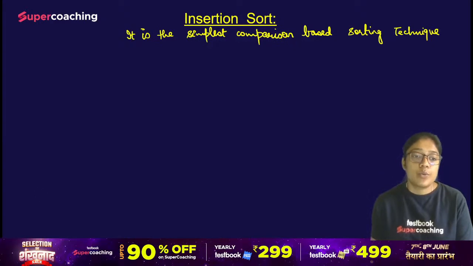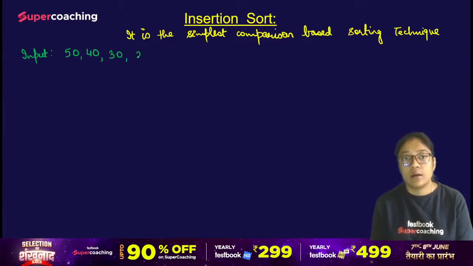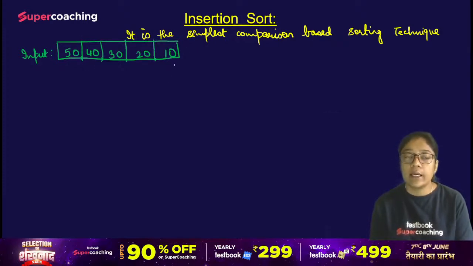Let's talk about one example. I'm going to take input. Input is 50, 40, 30, 20, and 10. Obviously, these elements are available in the array. If you observe, this array is already sorted in the descending order.